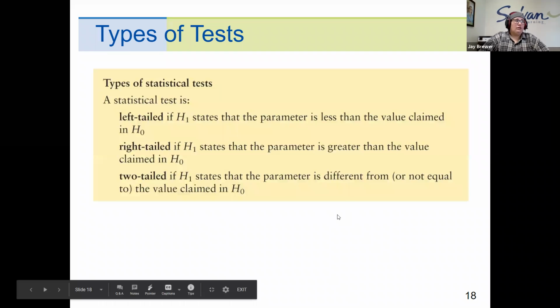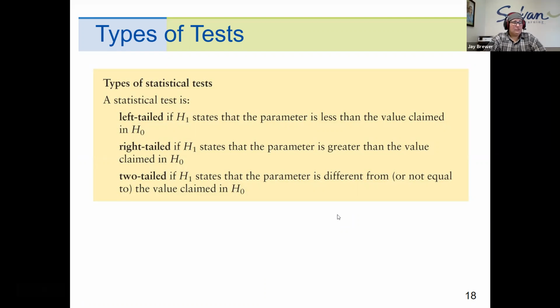When we're talking about types of statistical tests, this is what we're talking about. A statistical test is left-tailed if H sub 1 states the parameter is less than the value claimed in H sub 0.